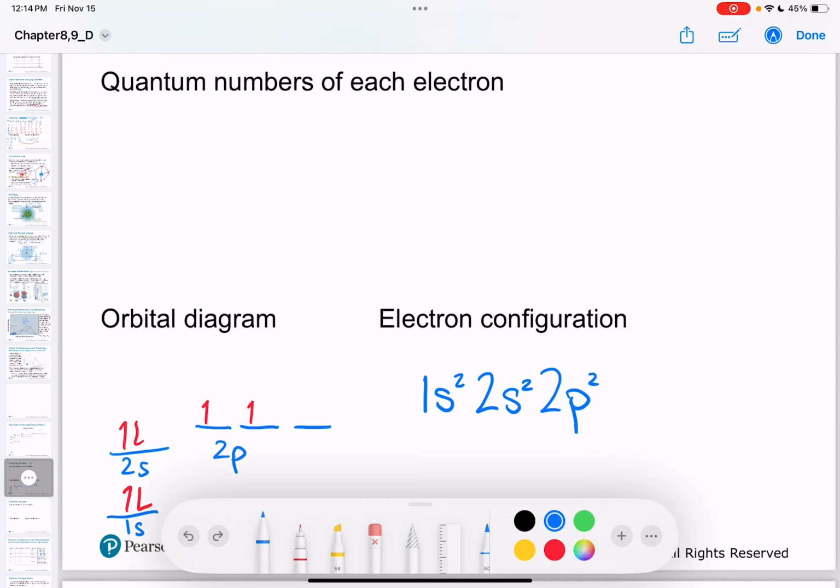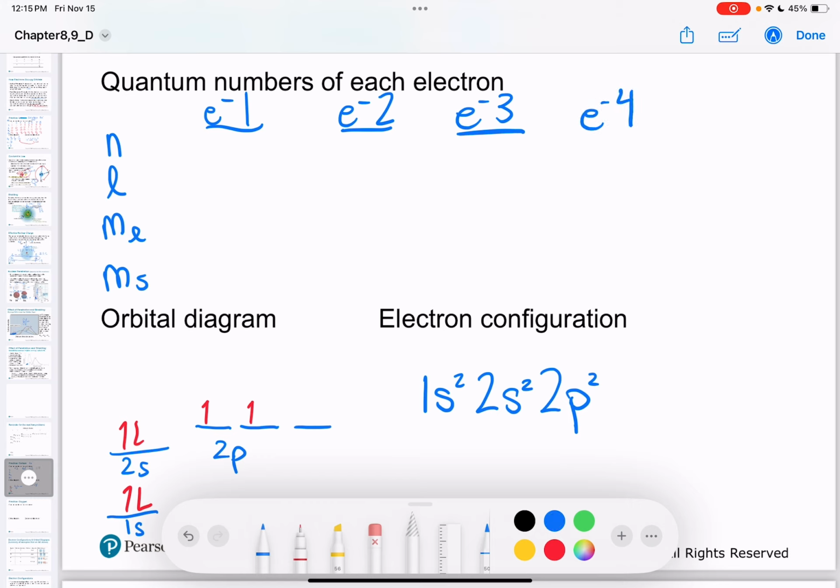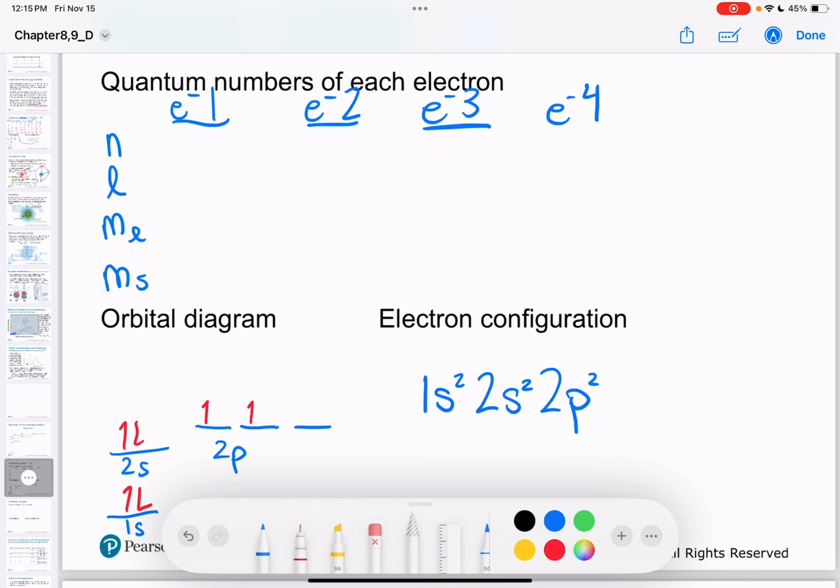Okay, and now the hardest one is going to be the quantum numbers for each electron. But if you use the orbital diagram as a guide, that should make it a little bit easier. So I'll try to standardize this now: I'm going to put electron 1, electron 2, electron 3, electron 4, again going from lowest energy up to highest energy, and do this for all 6 of them.